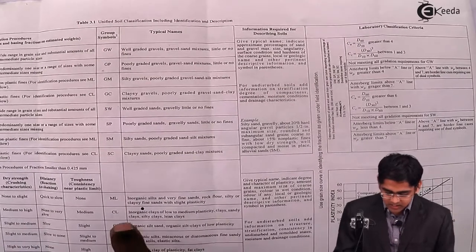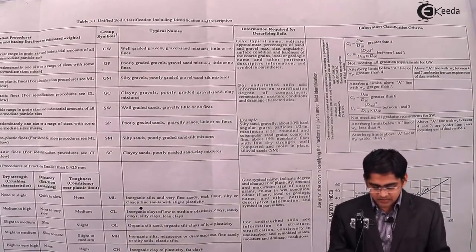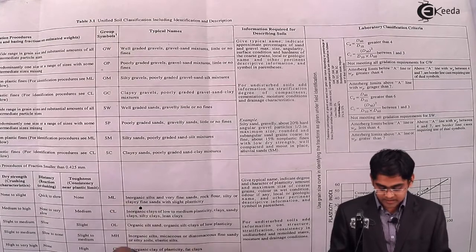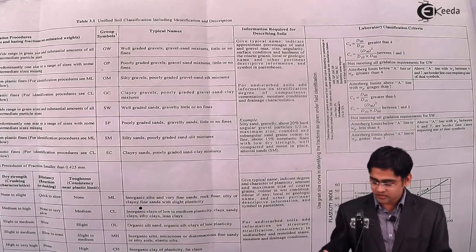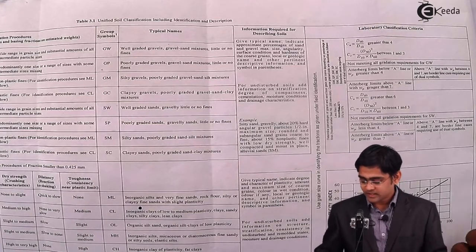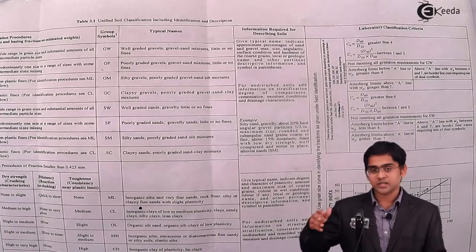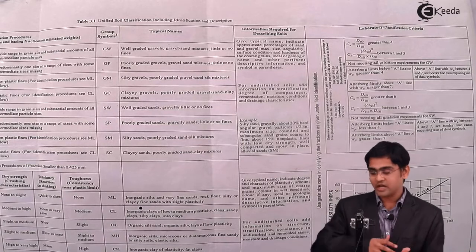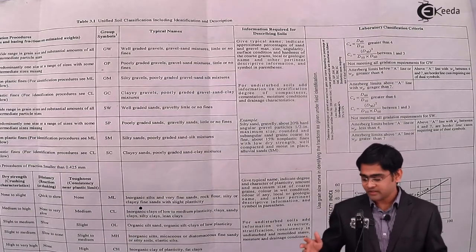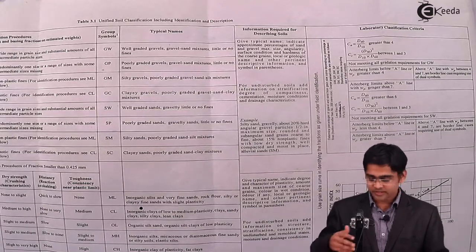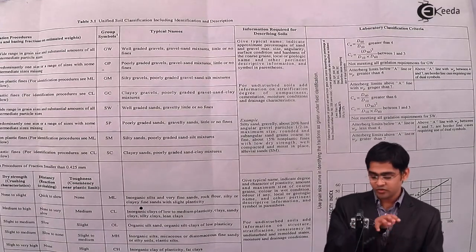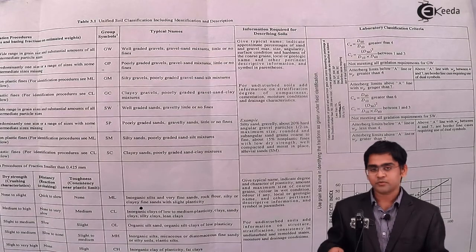So this L and H is nothing but low compressible or high compressible, because if it has more liquid limit, then absolutely the reduction in volume once you apply a load is very high. So the compressibility, which means volume change, is directly proportional to liquid limit.